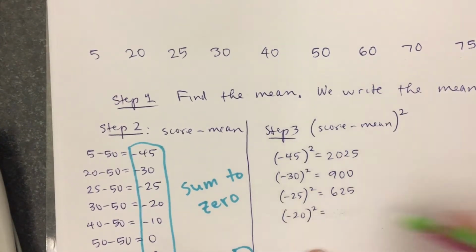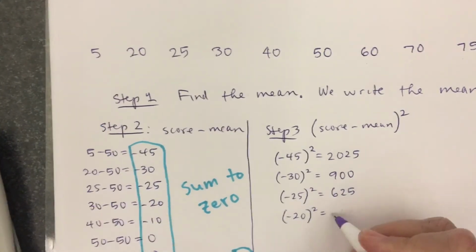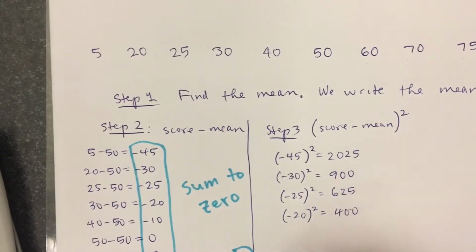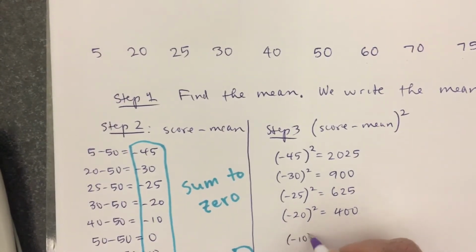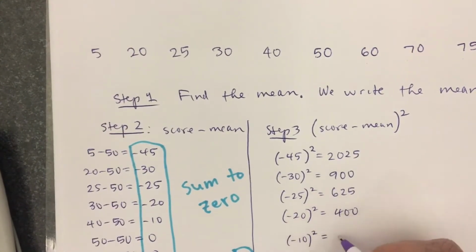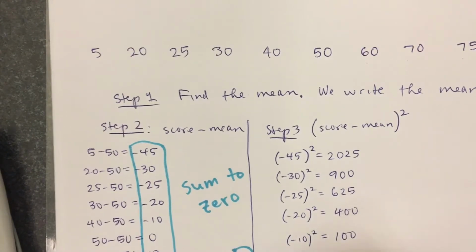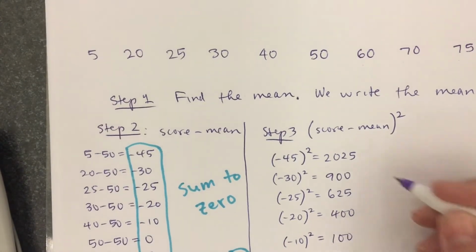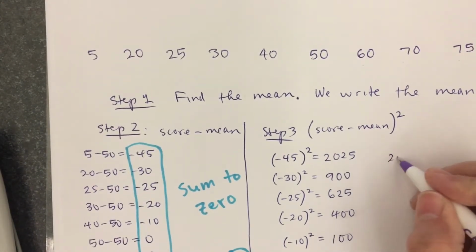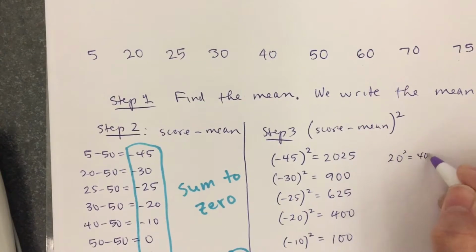So let me erase that because it's not that, it's +400. Then the next one's -10 squared. The negative is squared, that's 100. 0 squared is 0. 10 squared is 100. I'll do another column. 20 squared is 400.